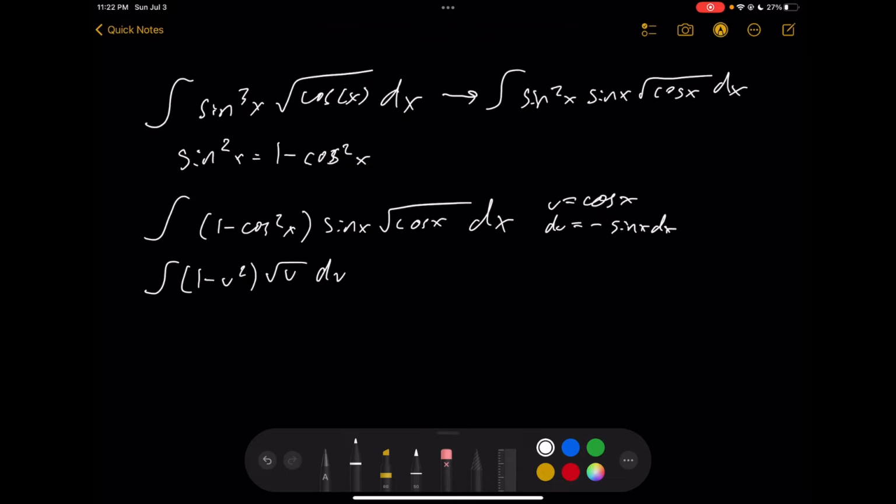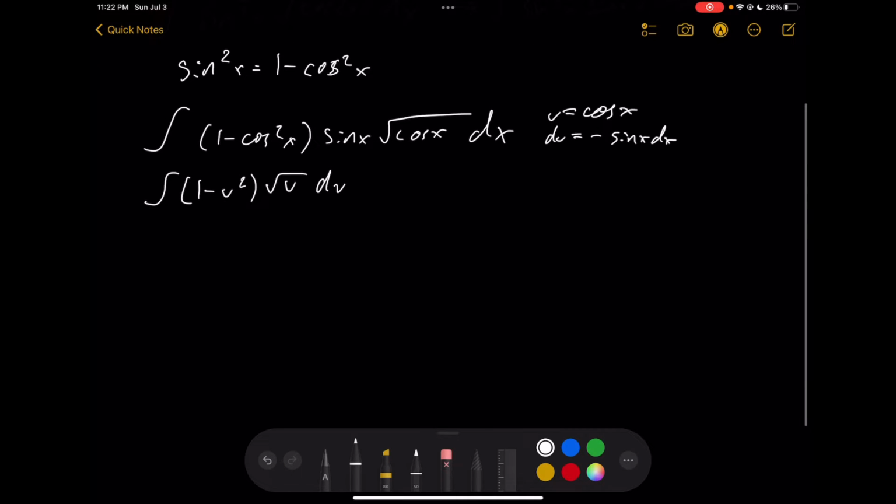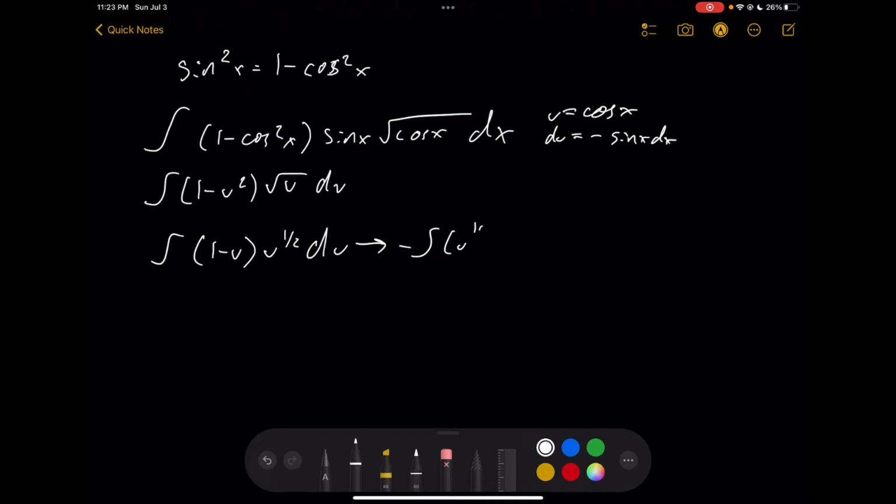And since this is technically negative du, a negative 1 will be pulled out towards the outside at the end. So now it's the integral of 1 minus u squared times u to the 1/2 times du. And here's where I'll pull out the negative for the negative du, for the integral of u to the 1/2 minus u to the 5/2, distributing that u to the 1/2 to 1 and negative u squared.